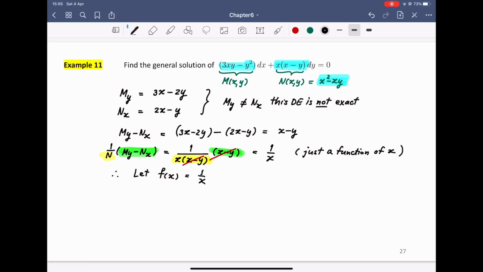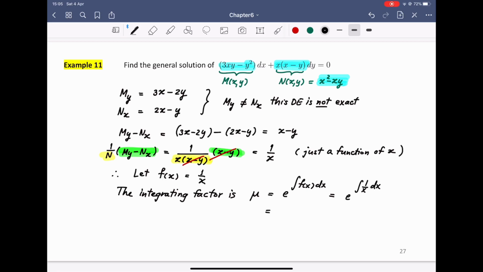So now this matches the condition of the theorem that we just discussed on the previous slide. So if I have a situation like this, the integrating factor is mu equal to e to the integral of f(x) dx. So that is e to the integral of 1 over x dx.